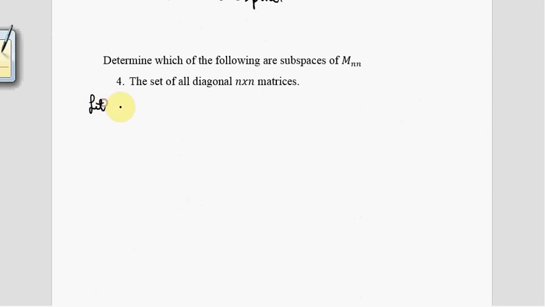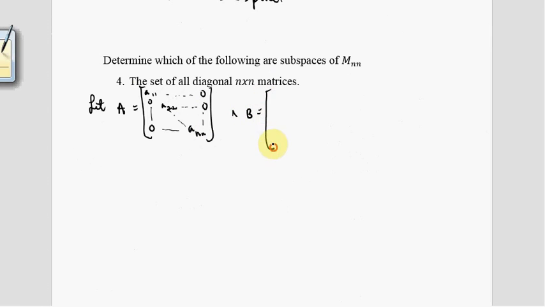So let A be a diagonal matrix: A11, zeros, A22, entries along the main diagonal. And B is B11, zeros, B22, zeros, B_nn.